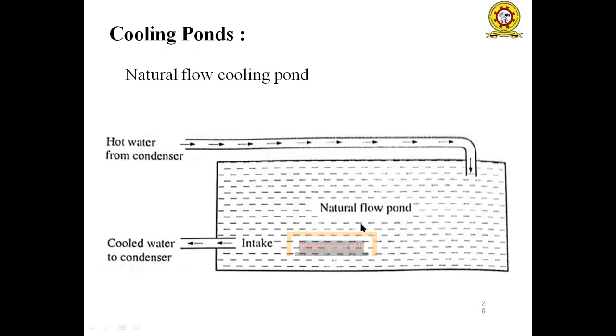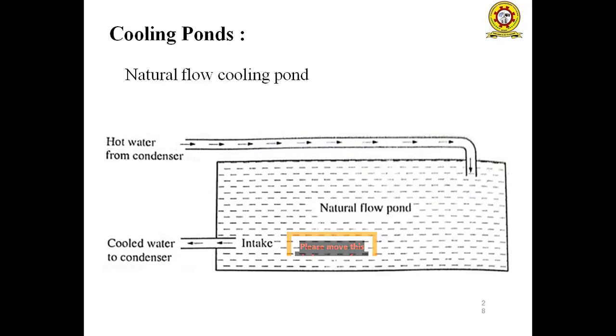In this pond, no sprays or other devices are employed. So the operating cost of the natural flow cooling pond is very low. In this case, the amount of cooling water to be cooled is very large, as in the case of big power plants. So the cooling ponds will be very large.